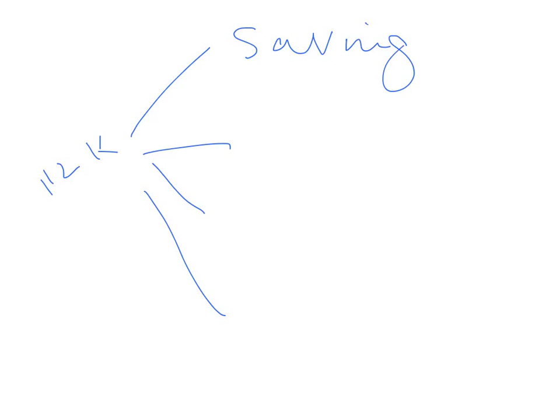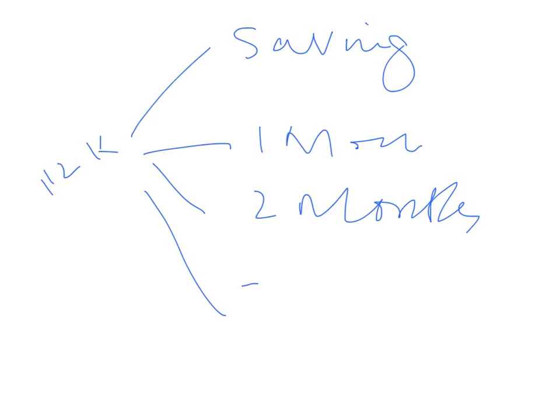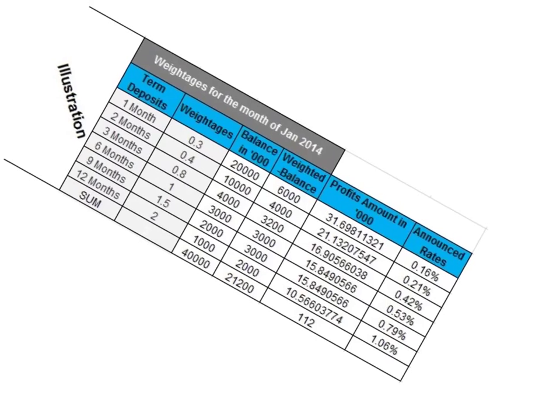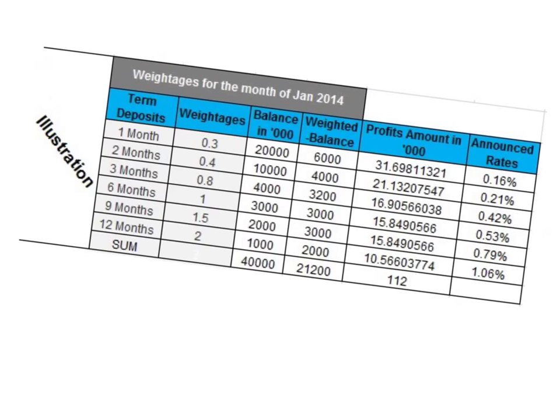Moving on to the last and somewhat techy part of this presentation, that is, how is this $112,000 profit, as discussed in the previous slide, allocated amongst the investment account holders. Here you go with the sample weights classification of an Islamic bank as quoted on their website.